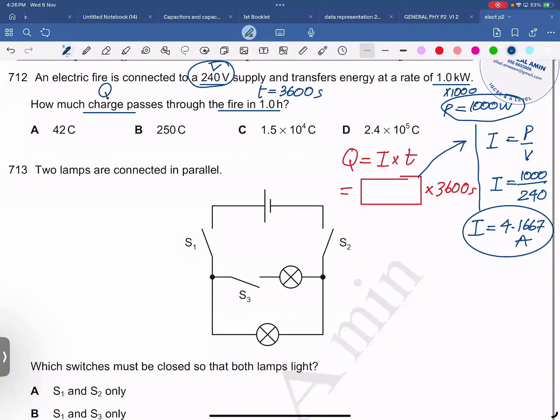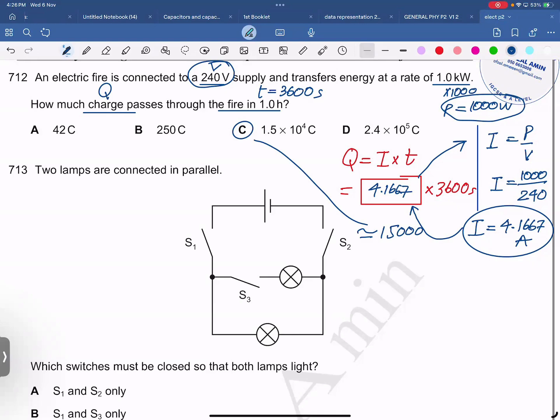Dear students, your step 1 was to get the current. Once you got the current, now what do you do? You substitute current here, because charge is I multiplied by T. 4.1667 multiplied by 3600 is approximately 15,000. So the right option is option C. They wrote it in standard form, which is 1.5 times 10 to the power 4.